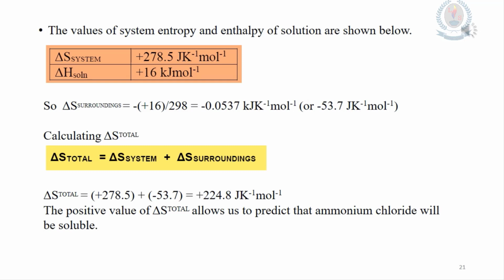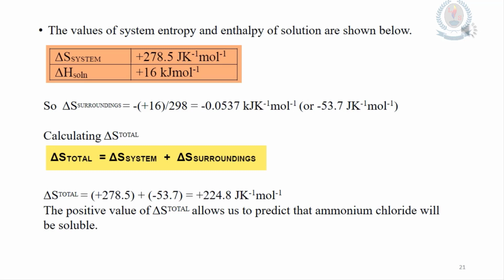Since they are giving the delta H solution value, and as we know the reaction occurred at room temperature, we can find out delta S surrounding, because delta S surrounding equals minus delta H over T. You can substitute the values and you can get the answer. Delta S surrounding equals minus 53.7 joules per Kelvin per mole.